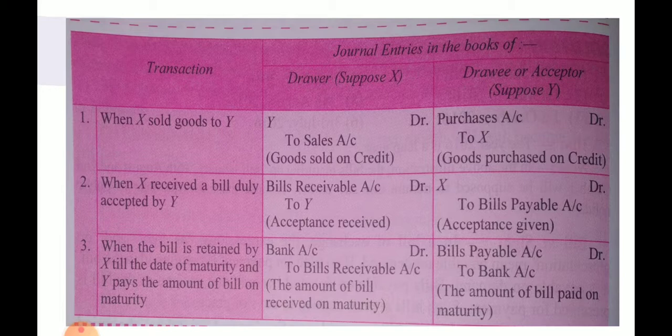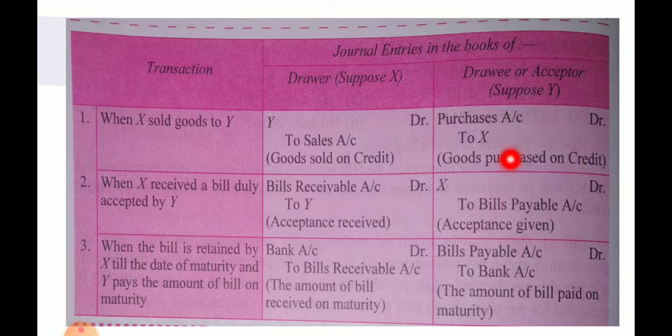So here is the example. When X sold goods to Y, first of all in the books of X, the first journal entry will be Y to Sales. When X receives a bill duly accepted by Y, Bills Receivable account debit to Y, because Y is the debtor here. And when the bill is retained by X till the date of maturity, and after that he receives the money, Bank account debit to Bills Receivable.